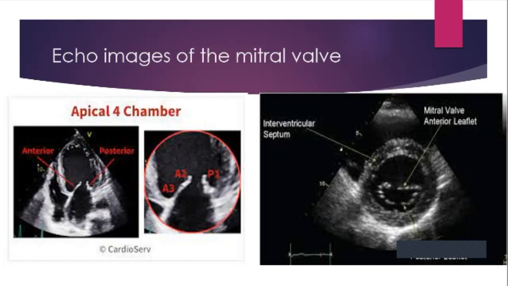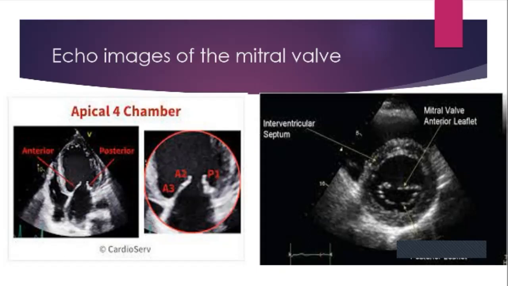Later on, we will discuss how to get the apical four-chamber view. We will see that as the next discussion. On echo, the mitral valve is said to have a fish mouth appearance.